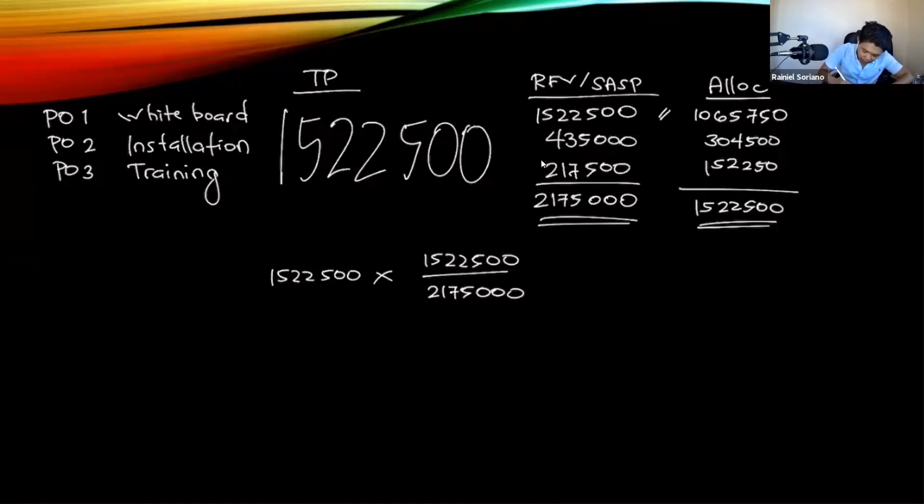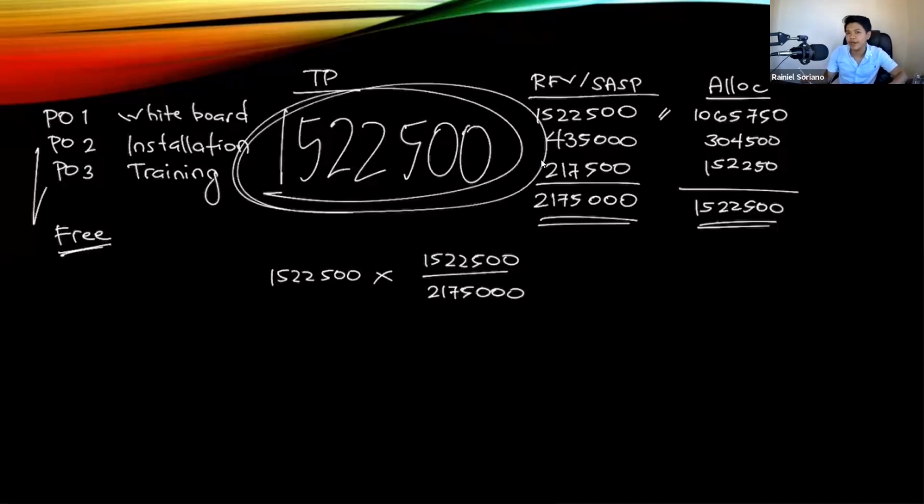Well, in this case, yung installation and yung training services parang lumalabas na free. That's why the transaction price is 1,522,500 only. Okay? See to it that that is the relative fair value or the standalone selling price of the whiteboard.